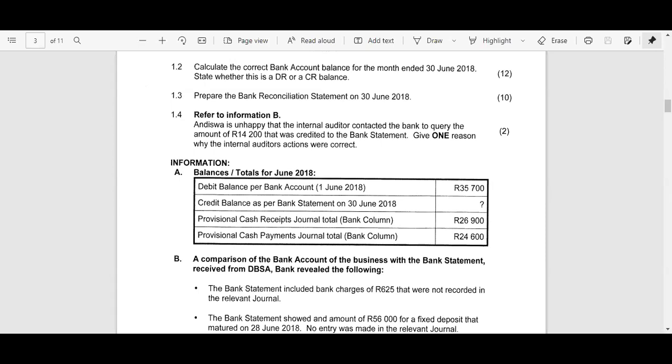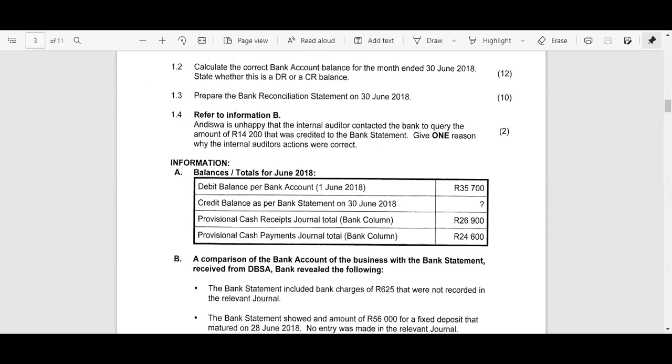So debit is favorable and credit is unfavorable. Why? Does anybody have any reason why? Because on the debit side, we add, and on the credit side, we subtract.